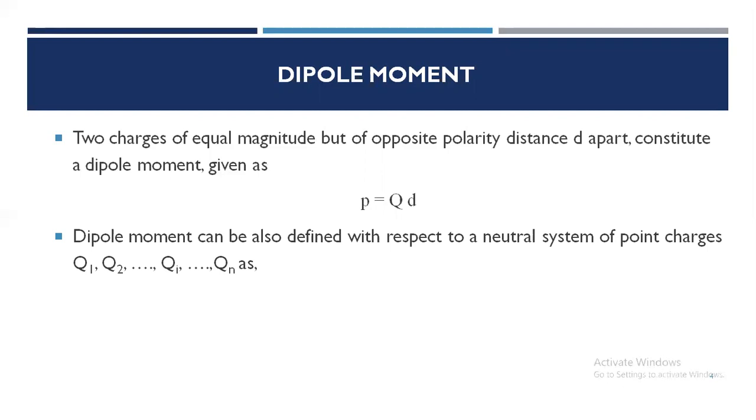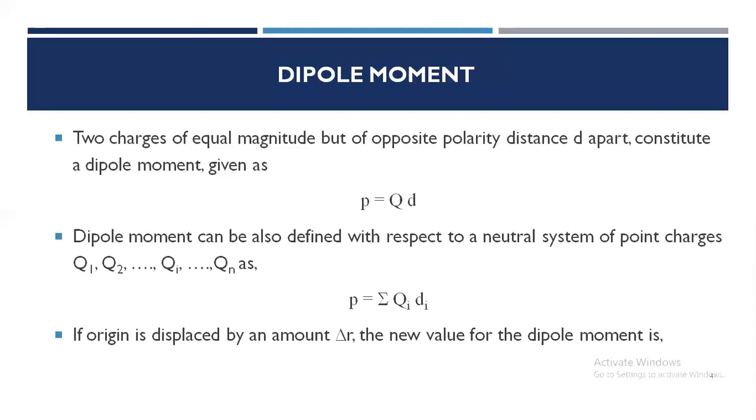We can define for a number of point charges the dipole moment P equal to the summation of qi into di, where the suffix i indicates the number of point charges, and d is the distance of the point charges.